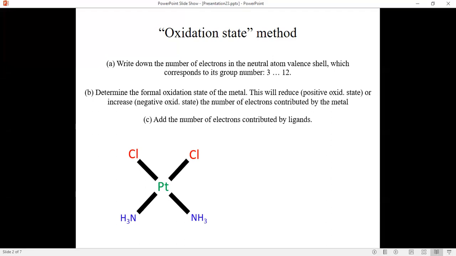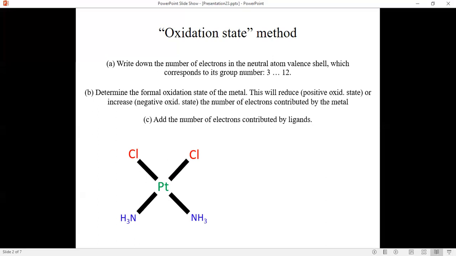And then we look at the metal and ask ourselves, what charge does the metal need to have so that the overall charge of the complex is preserved? If we do this, we assign these two electrons to the chlorine and these two electrons to the other chlorine. That makes these chlorines chloride anions. They have a negative charge each, so that gives us two negative charges at the ligands.